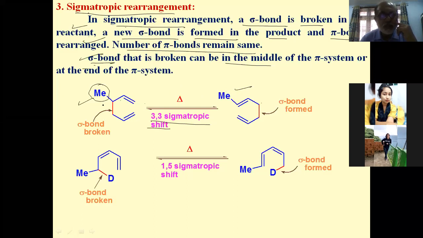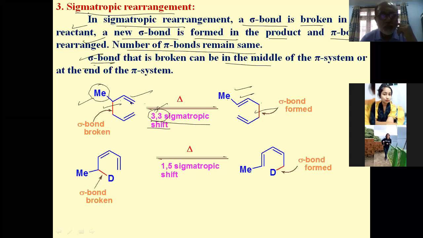Here, this sigma bond is broken and this new sigma bond is formed. Why this is called a 3,3 sigmatropic shift, we also have to understand when we take up the details. The reactant had 2 pi bonds, and the product is also having 2 pi bonds.